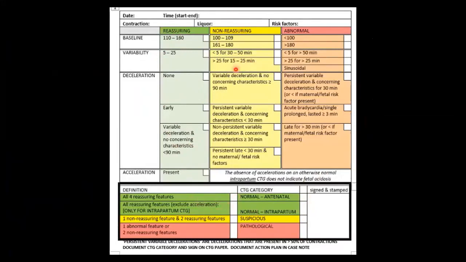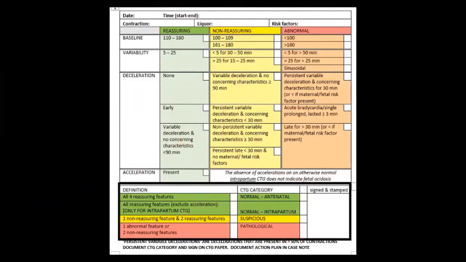If you have one yellow color column, but the rest are in the green color column, then it is considered suspicious, meaning one non-reassuring, the other two reassuring. But if you have one abnormal, one red color, or two yellow color, then it is actually a pathological CTG.